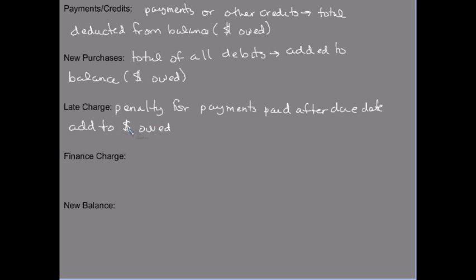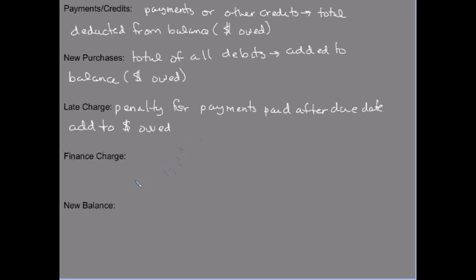Okay, and now the thing about a late charge is if you get a late charge on your bill and then you don't pay enough of the bill to take out the late charge, so you make a minimum payment and you don't pay extra for the late charge, you then start paying interest on the late charges. So you really want to be careful not to accrue any of those late charges.